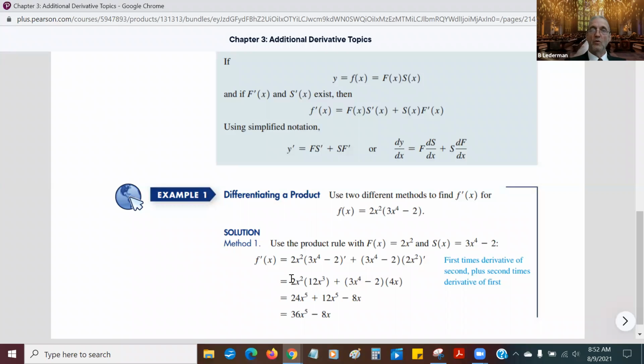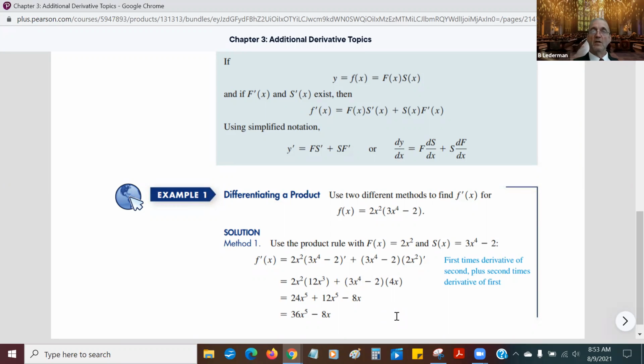The derivative of the second function, the parentheses, is 12x to the third, which is what we have right here. The derivative of the outer one is 4x, which we have over here, and we multiply that times the original. So this is following the product rule. And if we multiply those out, we get 24x to the fifth plus another 12x to the fifth minus 8x, which is 36x to the fifth minus 8x. That's what we actually get.